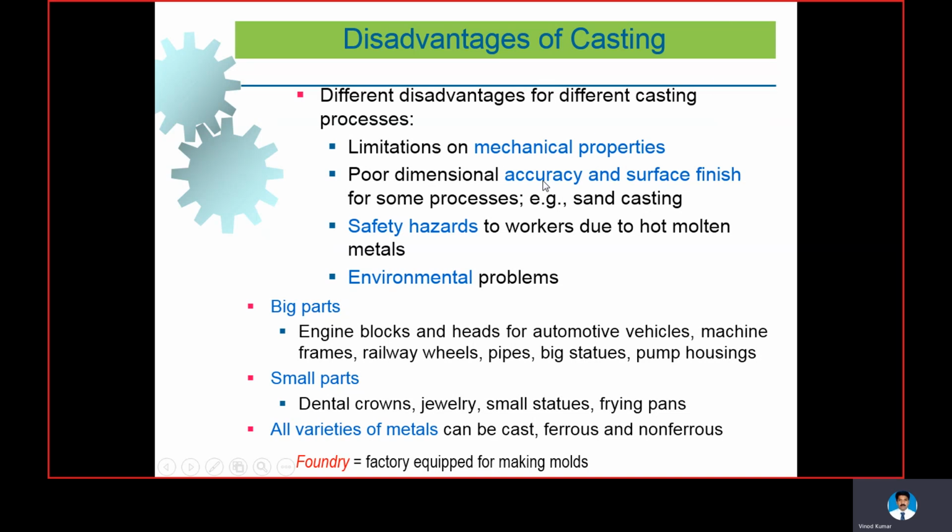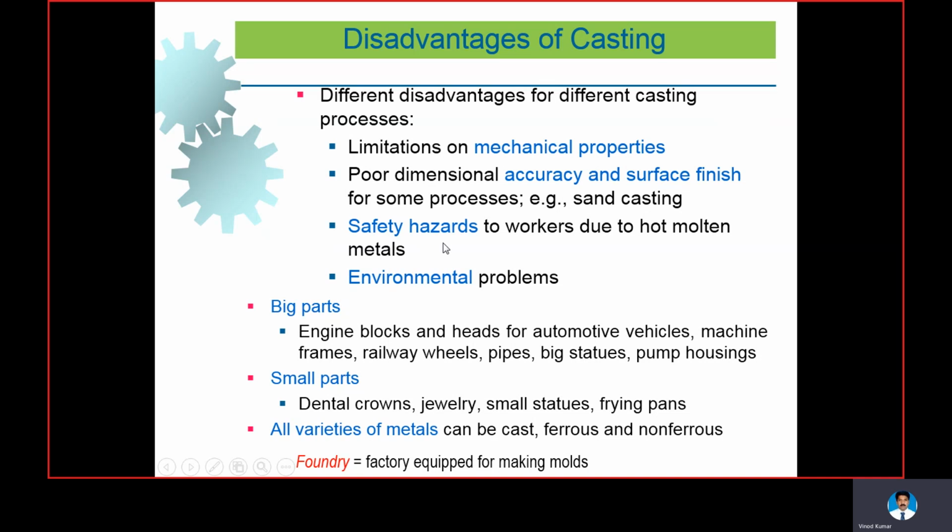Hence, accuracy is slightly less in comparison with other manufacturing processes. Surface finishing is also another concern in the sand casting process, because the surface will be rough, and we may have to do machining before it reaches the customer.